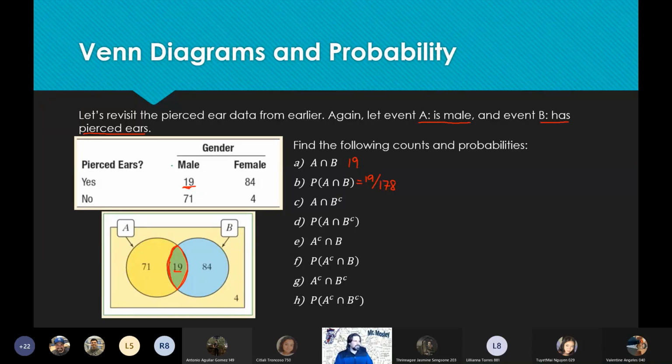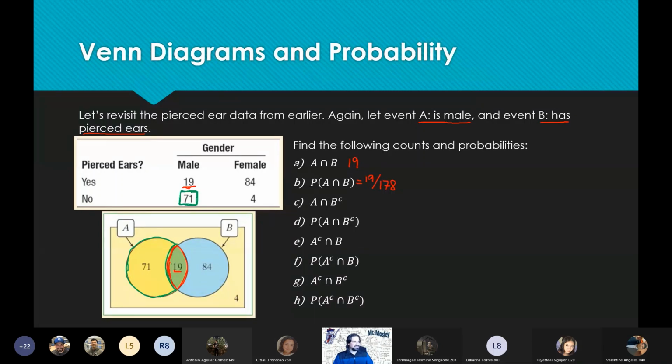And if we look at our two-way table, that is 71 here. That is the number of males who do not have pierced ears. We see that in the Venn diagram as this Pac-Man section, so to say, of the yellow circle.